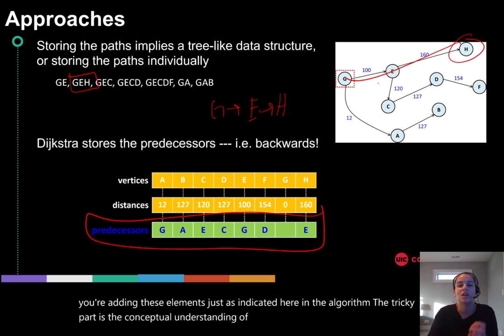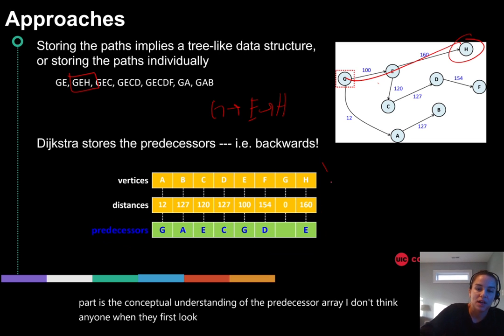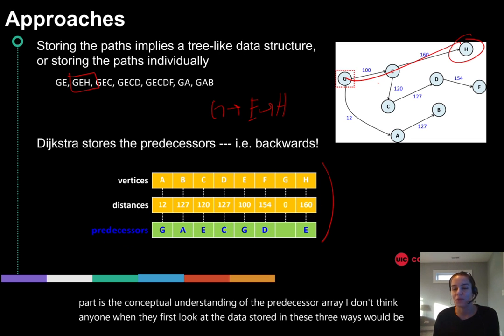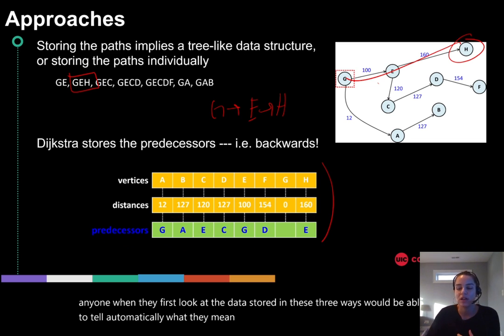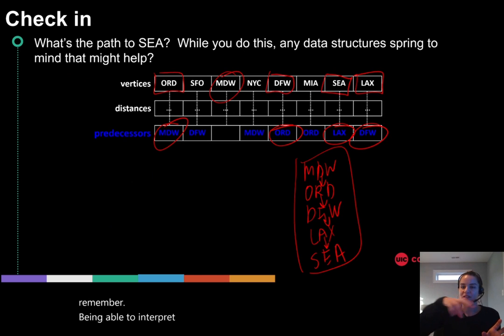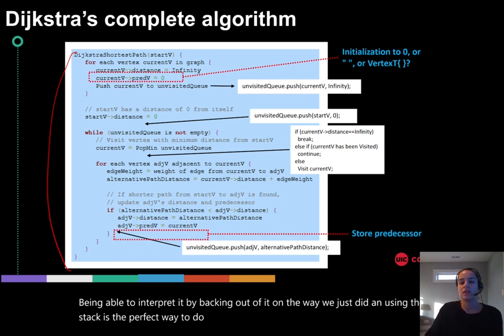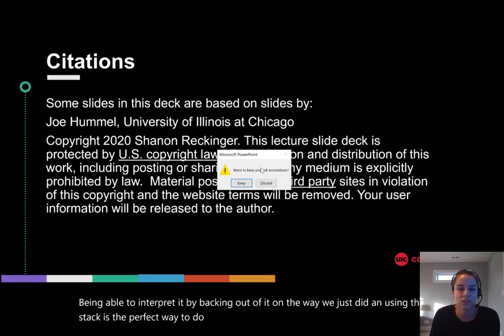I don't think anyone, when they first look at the data stored in these three arrays, would be able to tell automatically what they mean, right? So it's about interpreting it. Remember, being able to interpret it by backing out of it the way we just did, and using a stack, is the perfect way to do it. Okay, that is it for Dijkstra's.